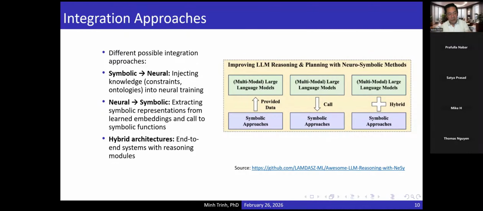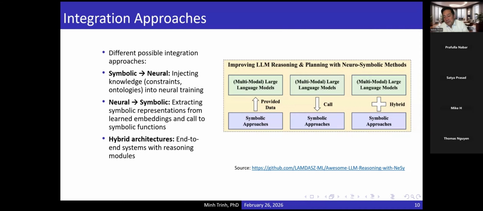The neural networks can understand the symbolic system and integrate it into the neural networks. In the second approach, neural networks extract, so as I said, Gemini can translate natural language into Lean, and then it can go into the Lean system to do proofs and so on. This is one approach.